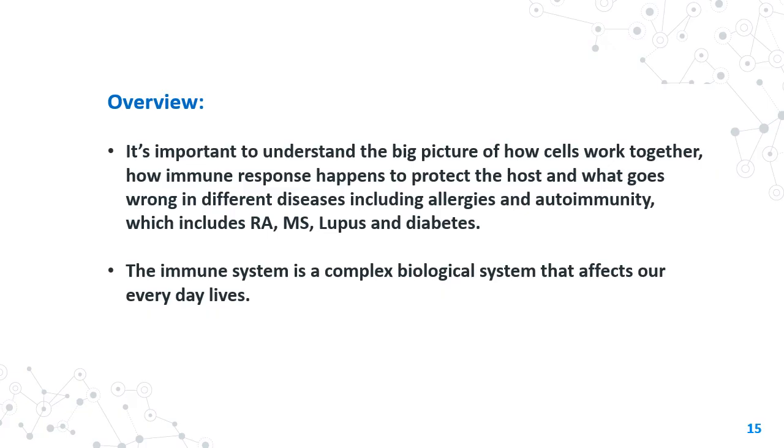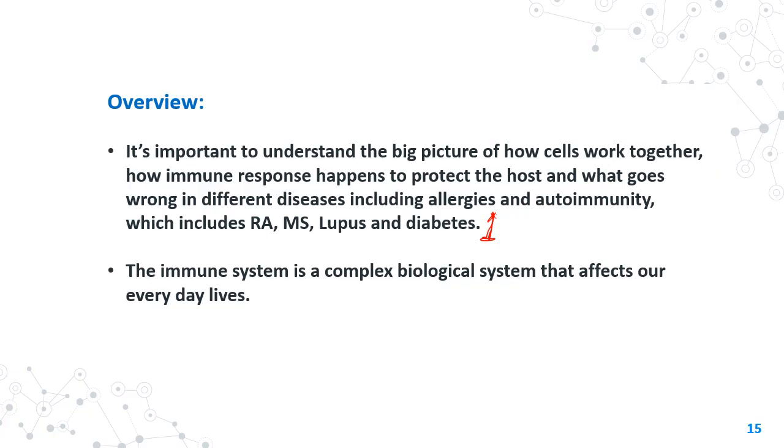So there are diseases such as autoimmune diseases or allergies, right? Allergies and even rheumatoid arthritis, multiple sclerosis, lupus, and diabetes type 1. Okay, those diseases develop because of dysfunction of the immune system.